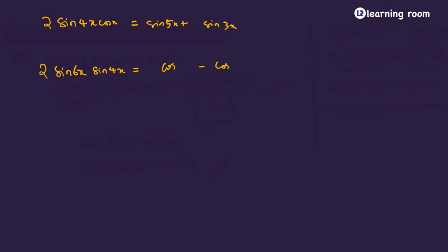Now I need to decide which angle. It is simple: when you're writing the reverse, add the angle first. Subtract the angle. But this is the only formula which has a minus here, so put a minus here. Am I clear? Okay.